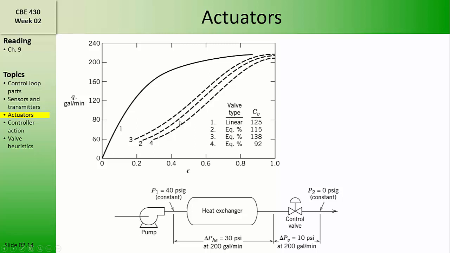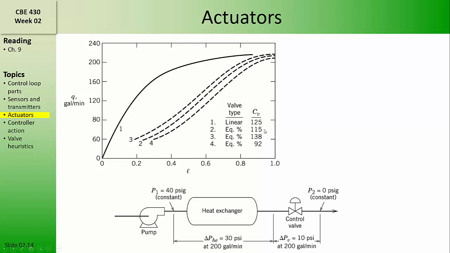This plot from our text compares the installed behavior of our linear valve to 3 different equal percentage valves with different sizes. You might remember when we sized the equal percentage valve, we found that CV should be equal to 114. Well, the valve manufacturer may not sell a valve with a CV equal to 114, so we have to look in the valve manufacturer's catalog and choose some different valves.